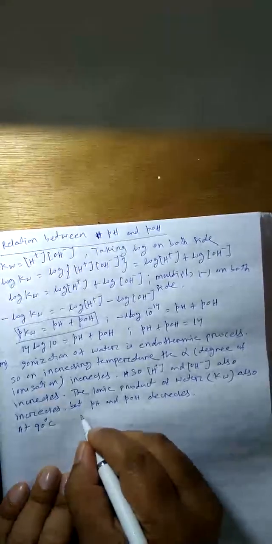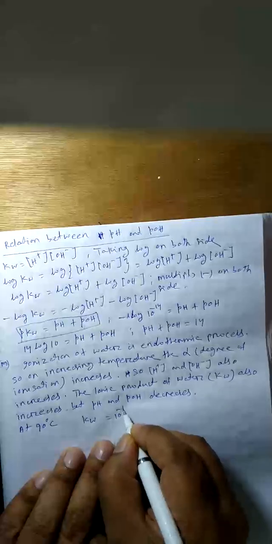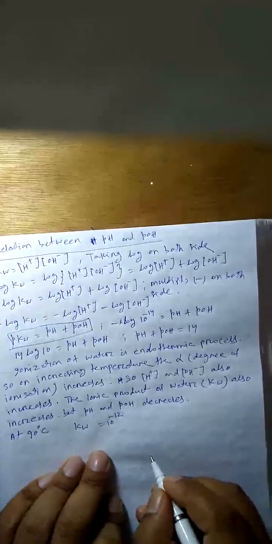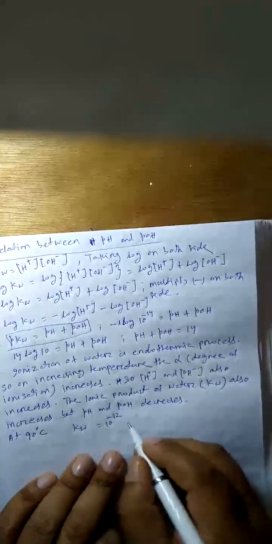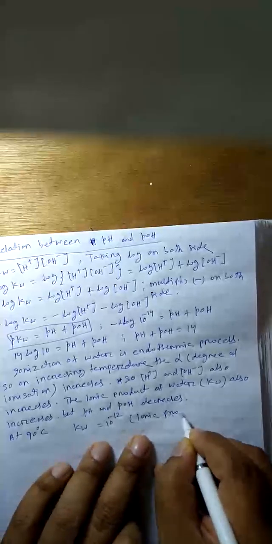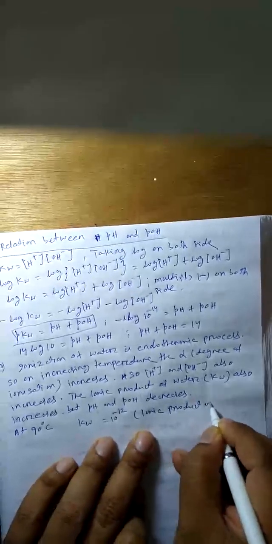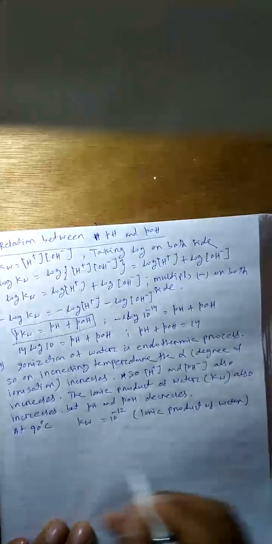Suppose at 90 degree centigrade, the ionic product of water becomes 10 to the power minus 12.